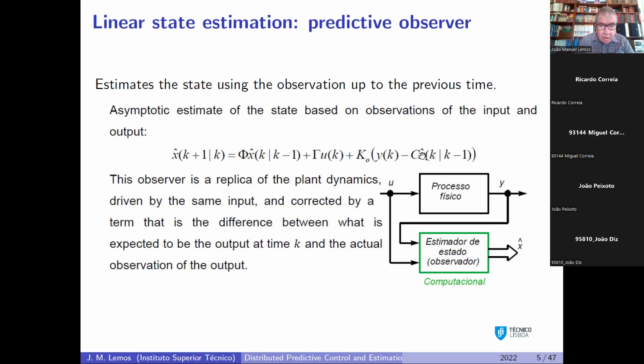So we replace the true state by our estimate. If our estimate is good, this is approximately 0, and the state evolves according to the replica of the dynamics. But if there is an error, then this term will act in a way that corrects the error. This KO is a gain. In a moment we are going to see how we can find this KO.